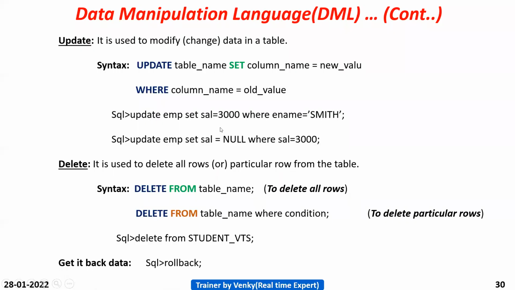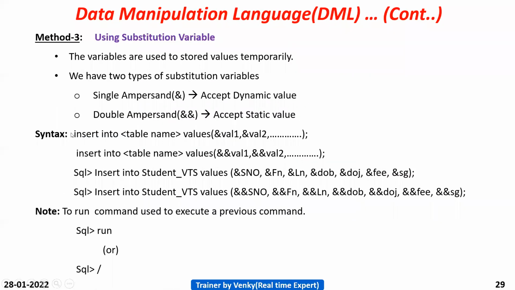Now here, the syntax for single ampersand is, we want to provide the values here. See how we will put: insert into table name values, then ampersand value 1, ampersand value 2.